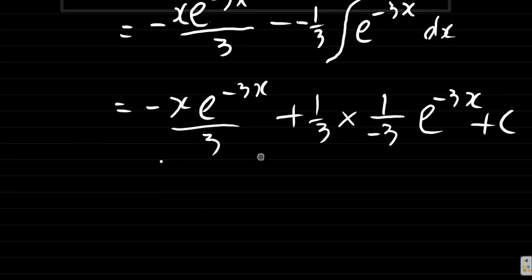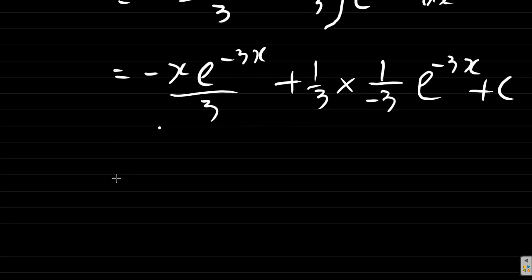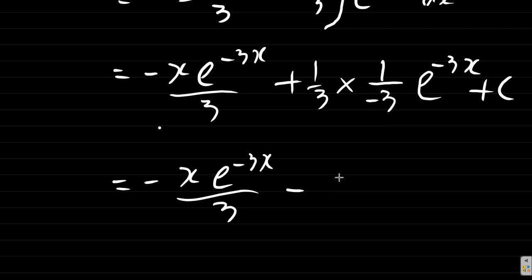So you have this being equal to negative x e to the negative 3x over 3 minus 1/9 e to the negative 3x plus c. And that is your answer.